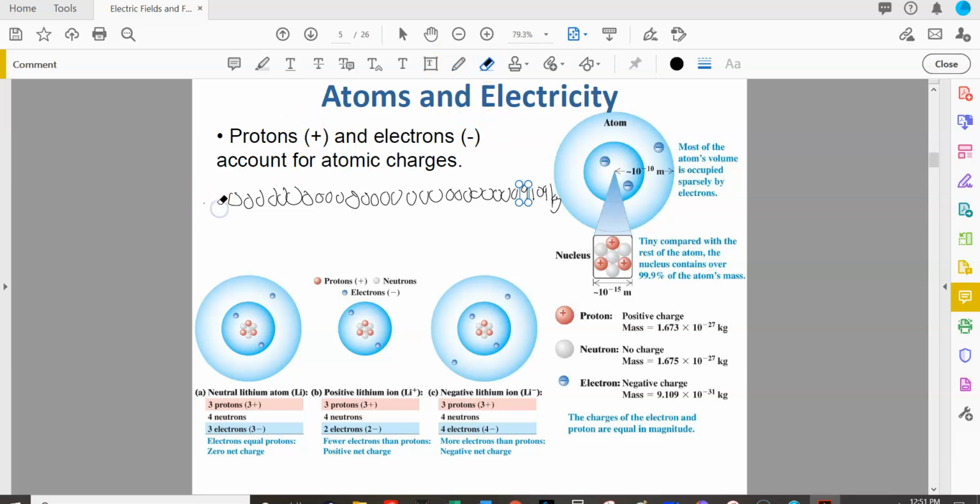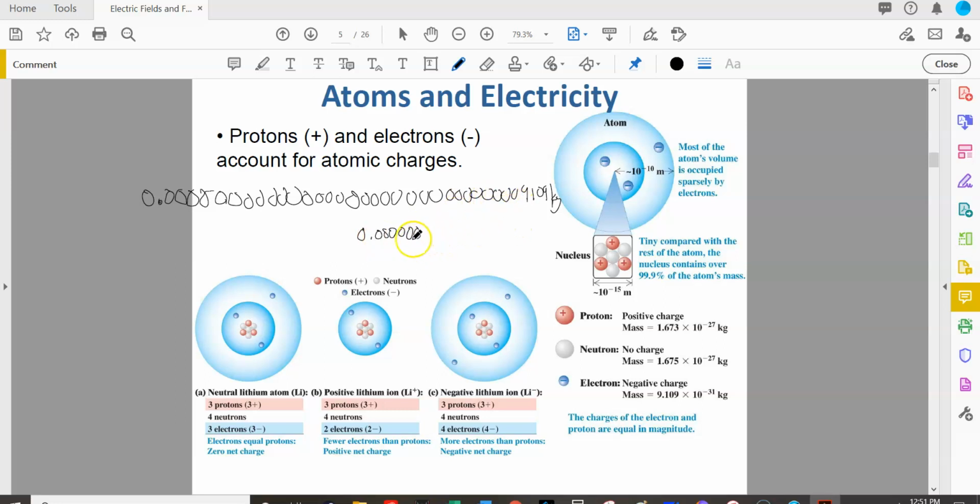And here we have 10 to the 27th, so I've got to add 6 zeros here. 1, 2, 3, 4, 5, 6. So the electron is much smaller. In fact, it is 10 to the 6th smaller. 10 to the 6th is 1, 2, 3, 4, 5, 6. So it's got 6 zeros in front of it, smaller than a proton.